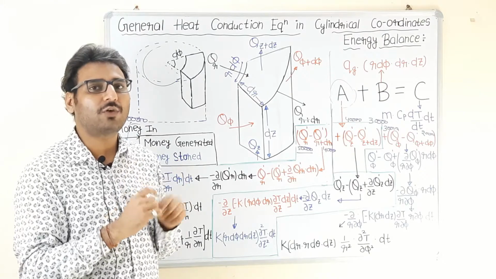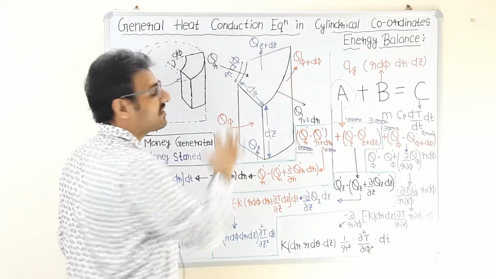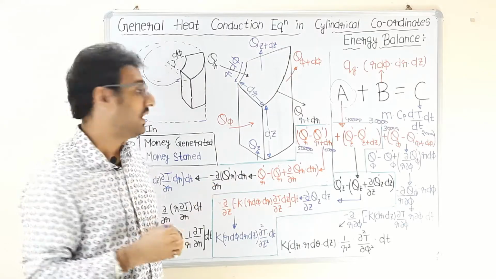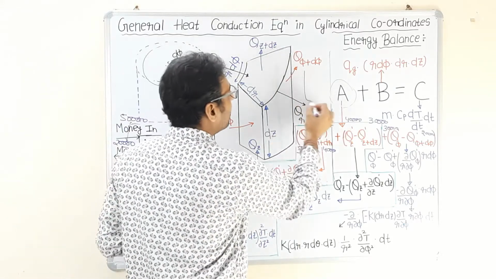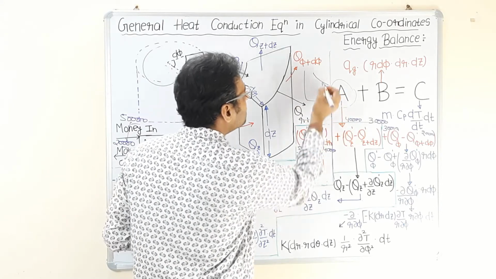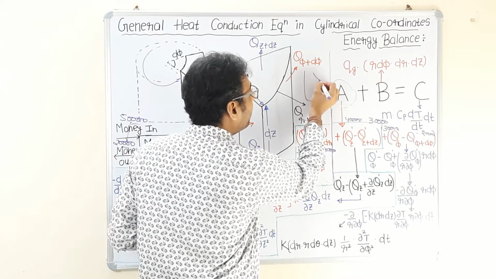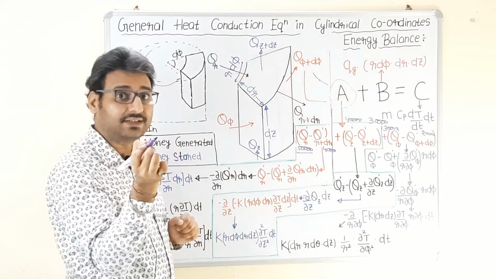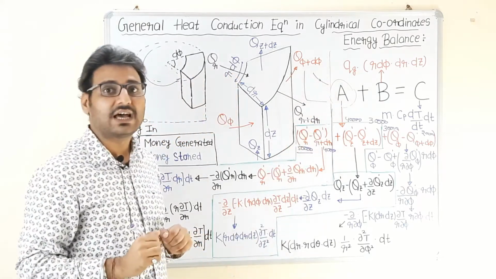For a differential control volume, we can assume this curved surface to be linear. From the basics of mathematics, if there is a curve and we consider a very small segment of it, then we can treat it as a line. For a very small segment, it is linear.